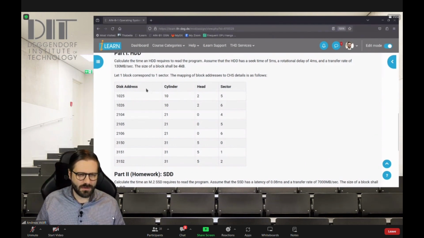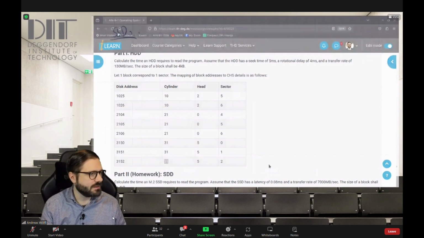So we had these 8 blocks with these 3 disk addresses, and these disk addresses were scattered over the storage medium, and you see it in the cylinder value here that we have 3 different values. So the read-write head of the HDD needed readjustments 3 times, and this was like the lion's share of the total transfer time that we calculated.